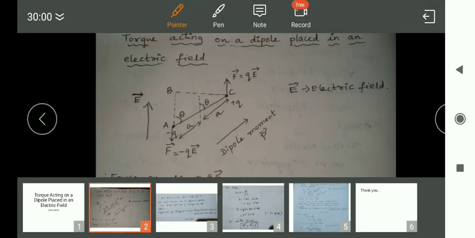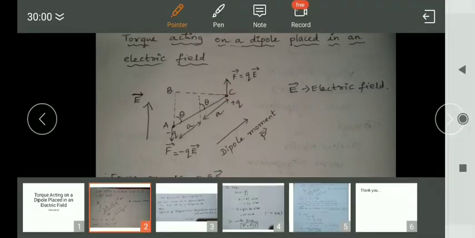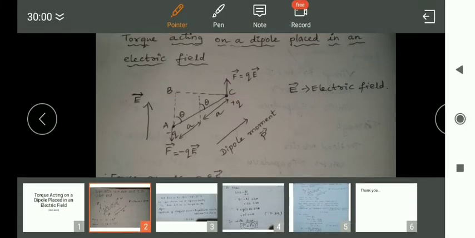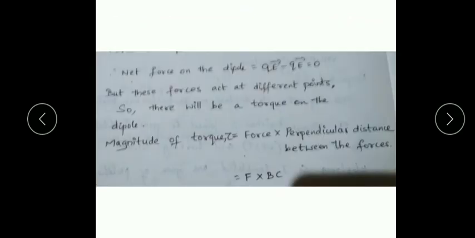So the magnitude of force is F and the perpendicular distance between the two forces is BC. That is why this is F into BC. So what is the next step?